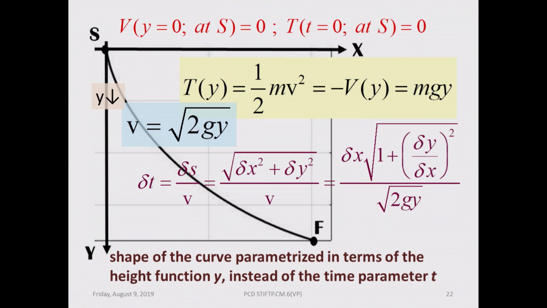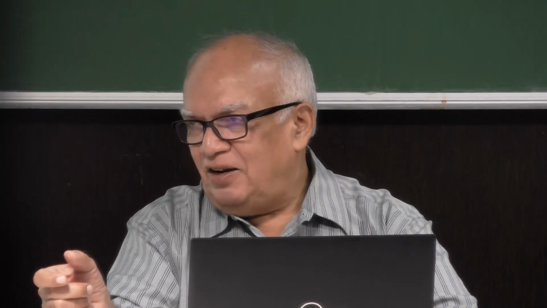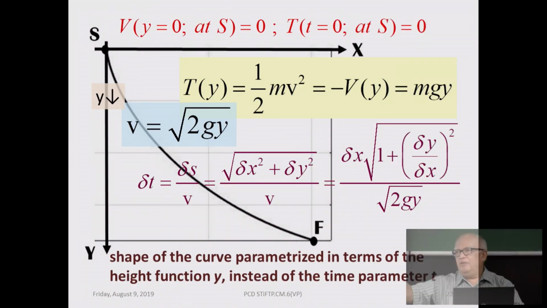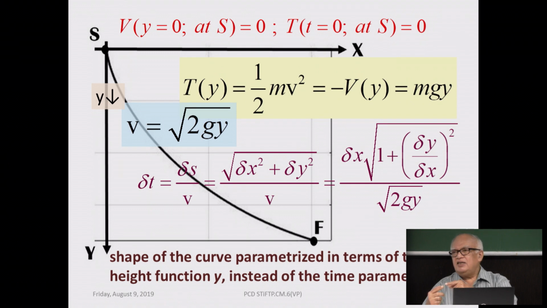And the time the object takes to go through an infinitesimal displacement delta s will be that divided by v. That distance itself is the square root of delta x square and delta y square. That is just the Pythagoras theorem. So you're not worried about the curvatures because you're taking these intervals in infinitesimal limits.